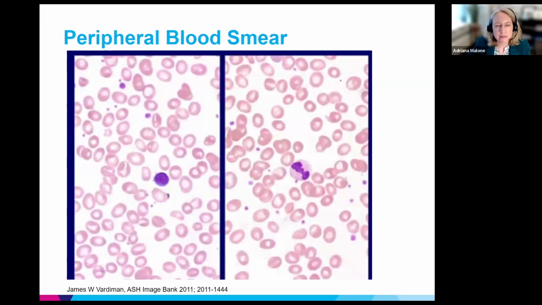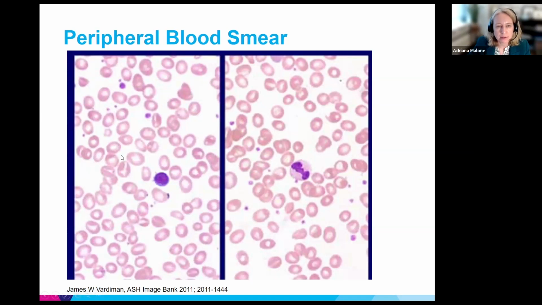Here is a representative smear, and we can see that there is anisocytosis present. Anisocytosis is the variety of the sizes of the red blood cells. And we can also see macroovalocytes.